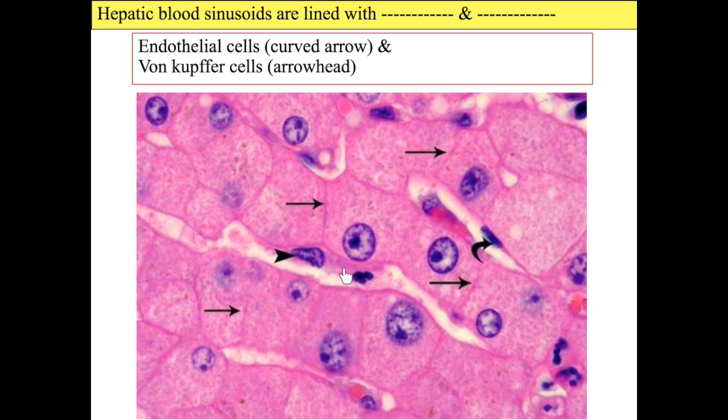So this cell is responsible for phagocytosis of unwanted material or any microorganisms present in the blood in the blood sinusoid. So if you are asked about the EM picture, the most important organelle will be lysosomes, and you will see also inside the cell phagocytic particles which have been phagocytosed by this cell.